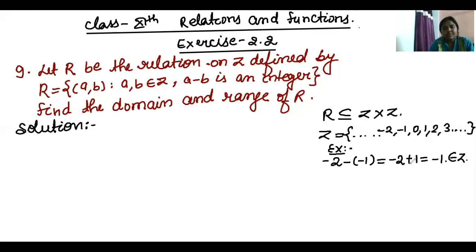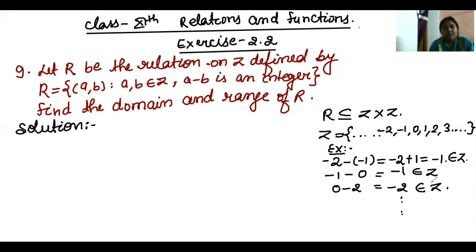Similarly, if I take minus 1 minus 0, we get minus 1. So this is again an integer. Then if I take 0 minus 2, 0 is an integer, 2 is an integer, so we get minus 2, which is an integer. So the process is: whenever we subtract two integers, we get a result that is also an integer.